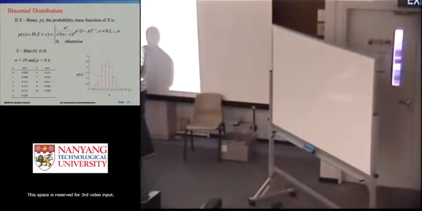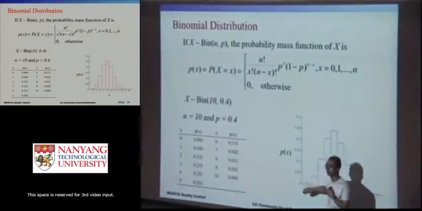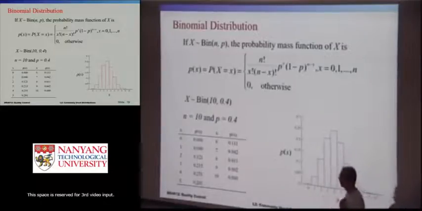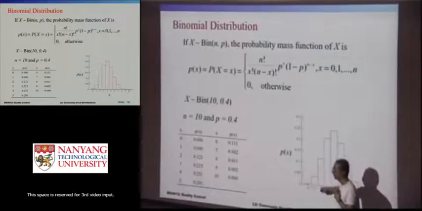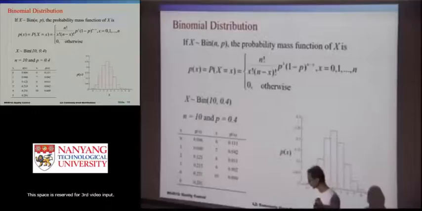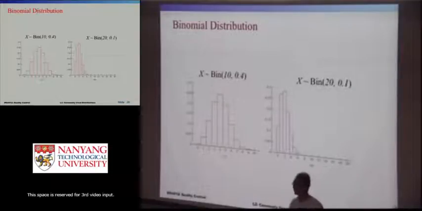We need to use this when we do the continuity correction of the binomial distribution. So all these bars sit in the middle of their value, and the width is 1. Then this is the previous binomial distribution. If we change the parameters, the binomial distribution will change for sure. Okay?